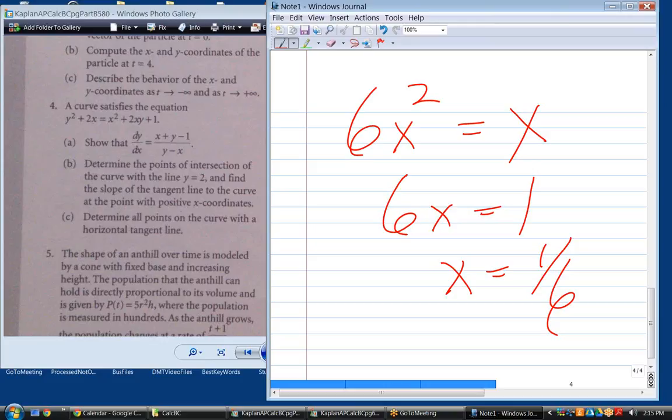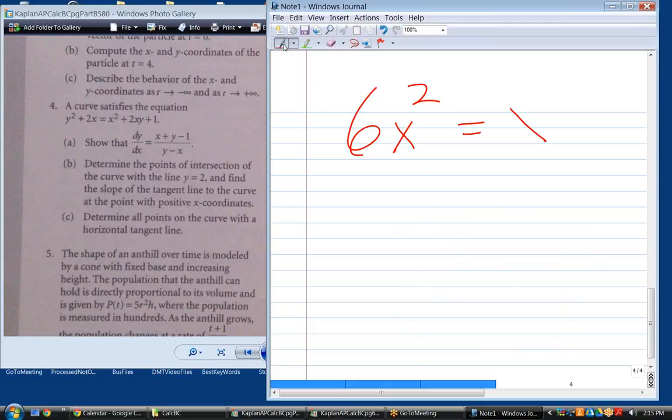In other words, you can't really divide both sides of an equation by a variable if that variable can possibly be 0. Because if it is 0, you're going to lose that solution. Notice that the way I did this, I came up with one solution only. Well, that's not the way to do it. You really can't divide both sides by x because you don't know if x can be 0.